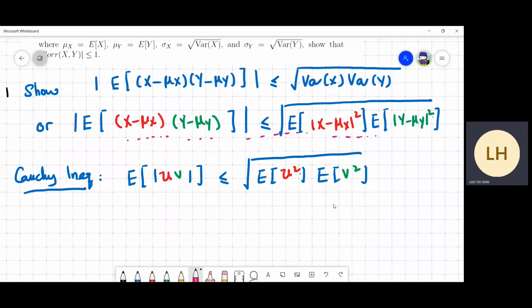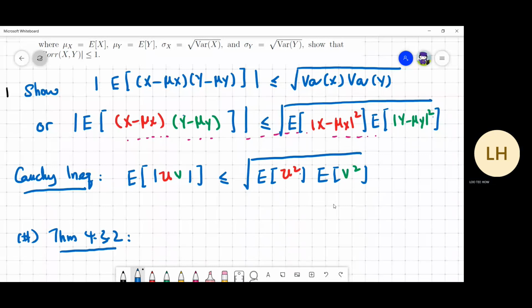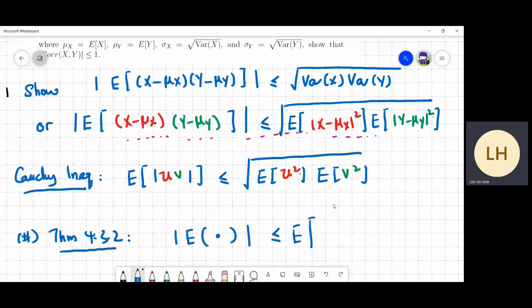To do this, we just need to recall another theorem. Just to recall, first, this is the Cauchy-Schwarz inequality. Next, we also know this. In fact, I think this is quite natural. You guys should know this: the modulus of E of any random variable will always be less than or equal to E of the modulus of this.